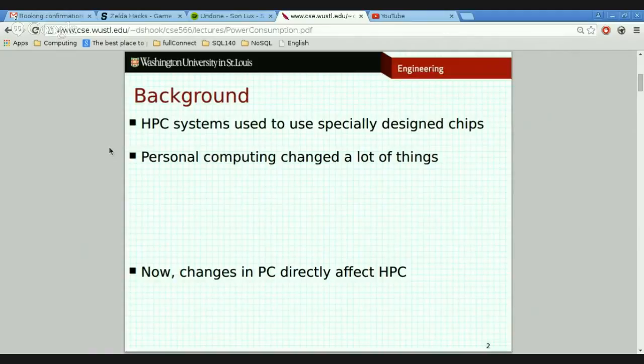So high-performance computing took note of this. And these days, most high-performance computing systems rely on these commodity, consumer-grade chips. So the chips that are being used in these computers, while they are on the high end of the scale, are the same chips that you or I could go out and buy at the store today.